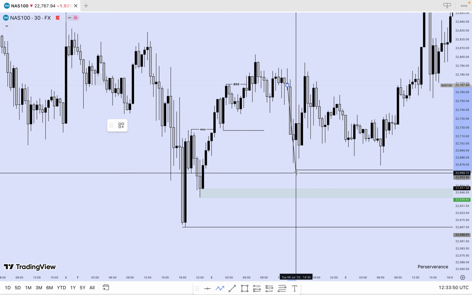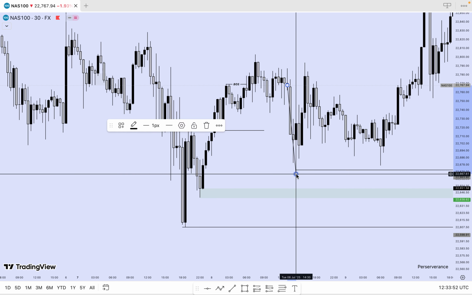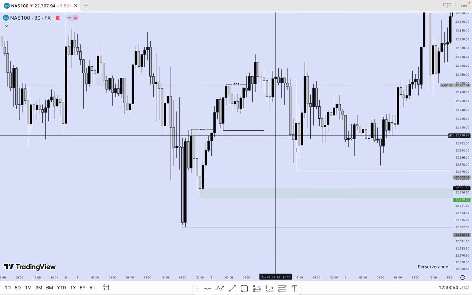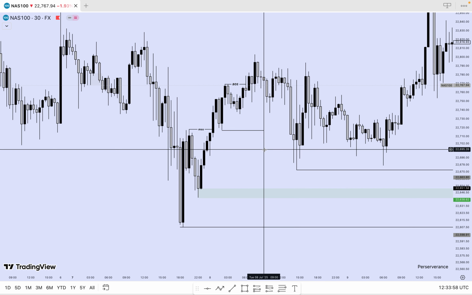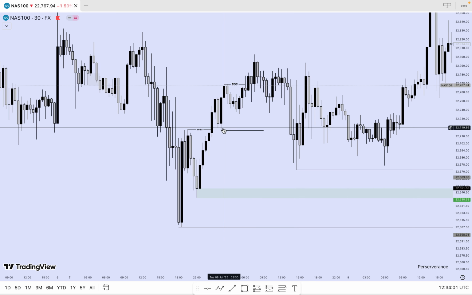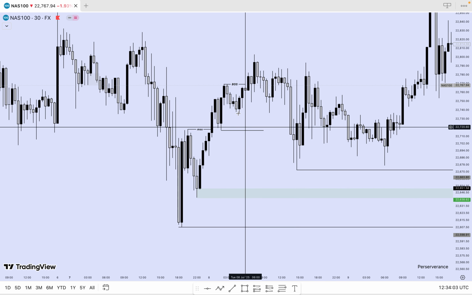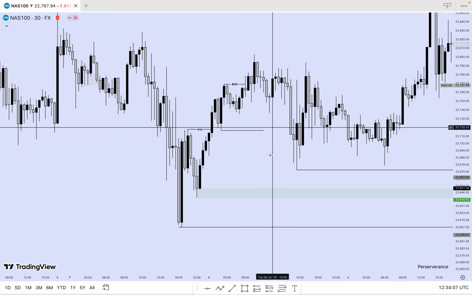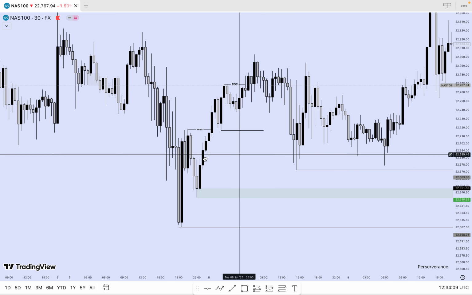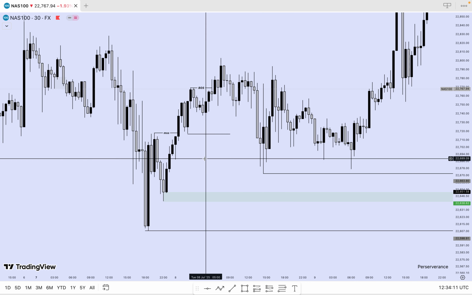So this one is valid as your inducement. But the most important thing is that the first pullback here is your inducement, and in order for it to be valid, it created another break of structure. That is the most important thing you should take note of.